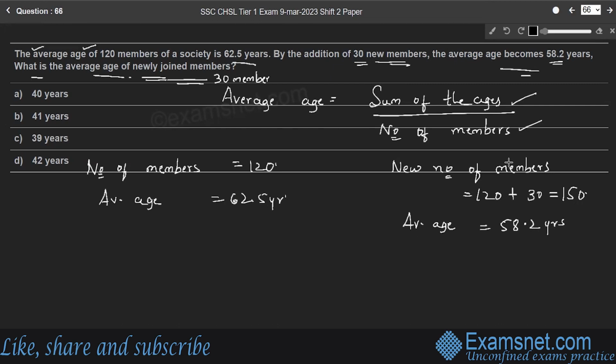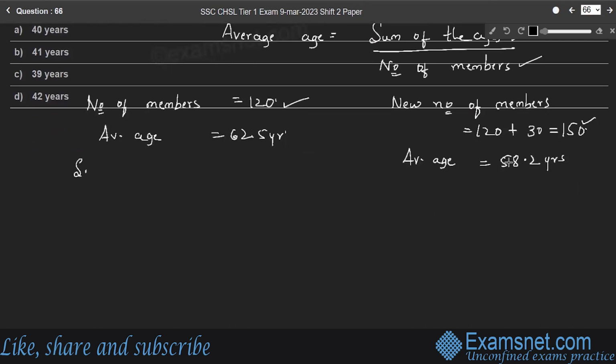How to find the sum of newly joined members' age? For that, we need the sum of the ages of 120 members as well as the sum of the ages of 150 members. So here, let us find the sum of the ages of 120 members.